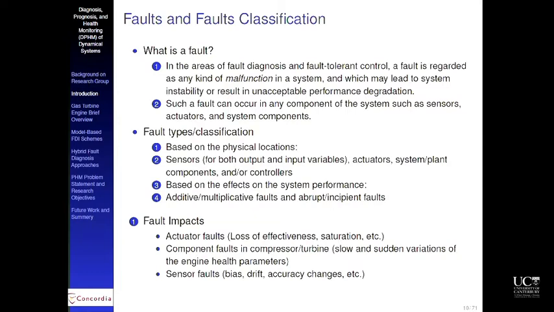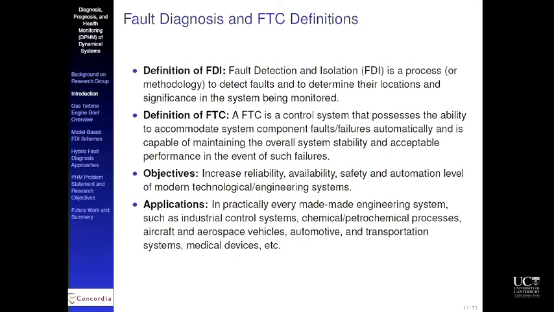For the sensors, you have drift and loss of accuracy. So there are various definitions and characteristics that we allocate with respect to the type of fault that we are dealing with. These are all mathematically well understood and well analyzed in the literature for a long, long time.